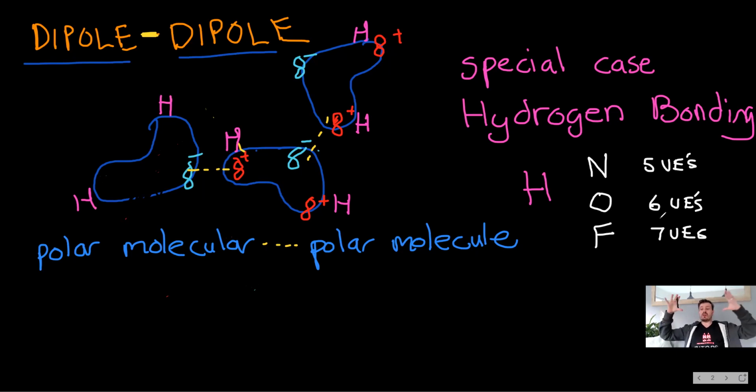Now, more electrons, more attraction, right? So the fluorine and the hydrogen, if we were to draw this bond and make the thickness represent the strength of the bond, it's going to be very strong.